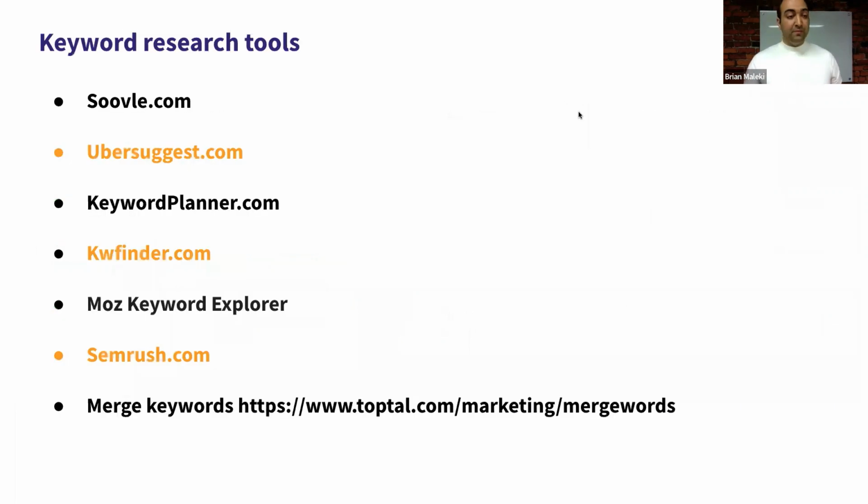Okay guys, as I promised, this is my list of the best keyword research tools that I use a lot for finding keywords. This website, Sewell.com, Ubersuggest.com, keywordplanner.com, KWfinder.com, Moz Keyword Explorer, Semrush.com. And sometimes when I find keywords, I merge them. Let's say dentist in Vancouver. With this tool, I merge them.